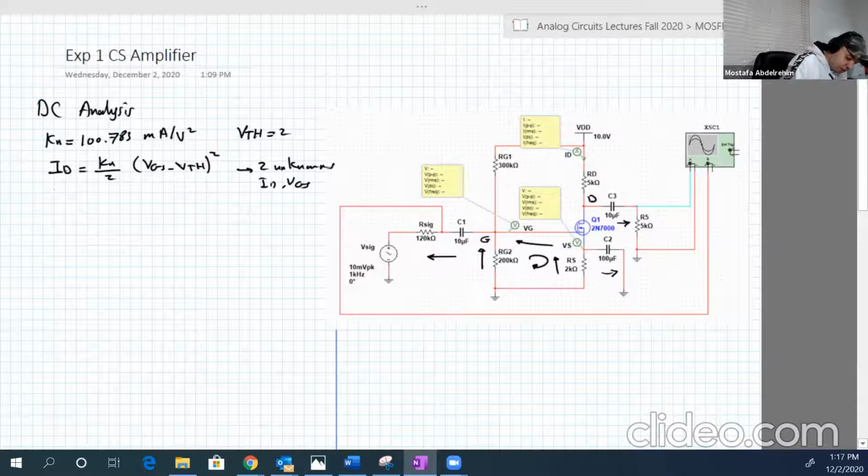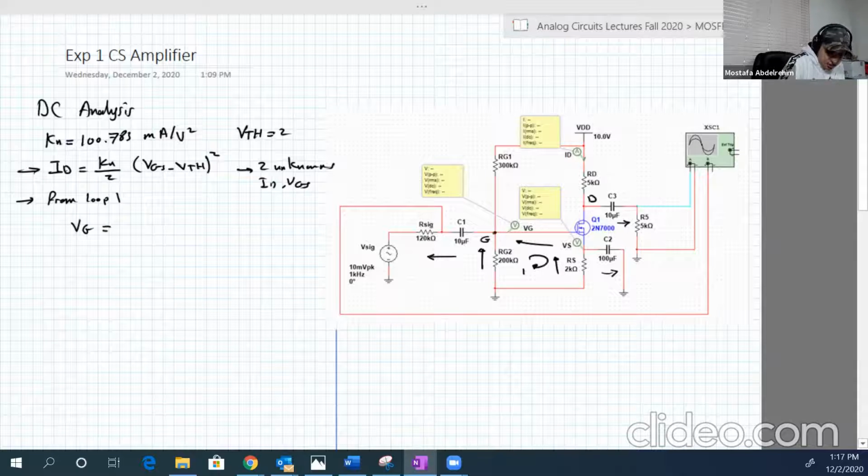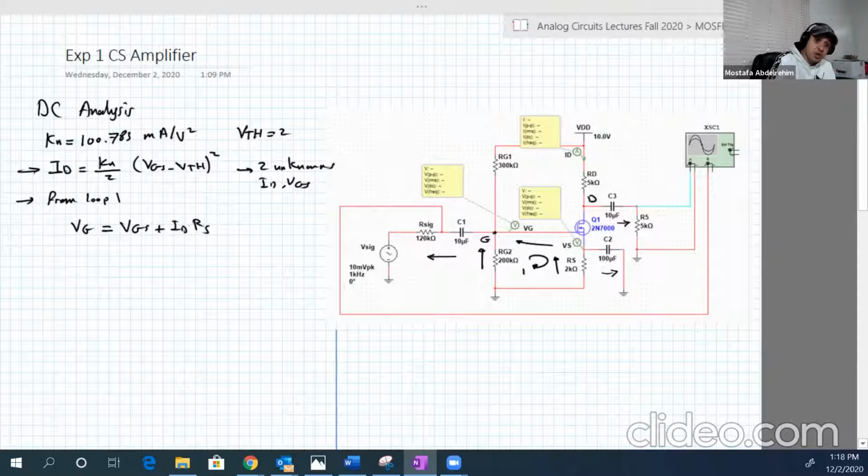So from loop 1, VG, the voltage at the gate, equals VGS plus ID RS. RS is known, but VGS and ID are unknown, so 2 unknowns here.